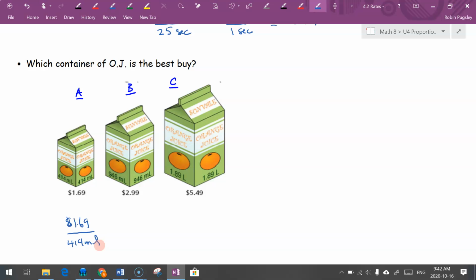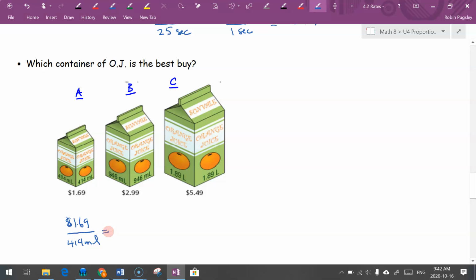So it's not really realistic to find a unit rate here. So when I say find a unit rate, it doesn't have to be per 1 milliliter. It could be per 100 milliliters, which makes sense because 1 milliliter is just an eyedropper of a droplet of water, right? So that would be silly to find the price per that.